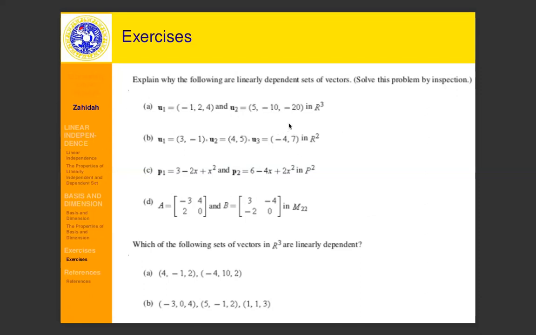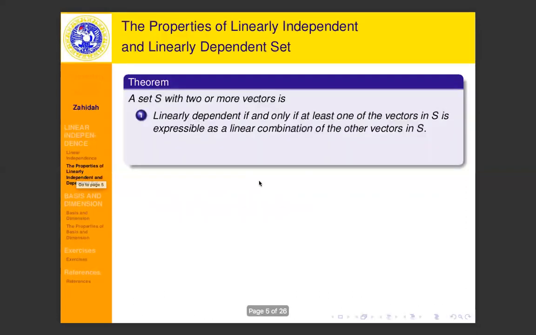The first one, we have U1 and U2 here. Why are U1 and U2 linearly dependent? Because, do you remember the property?